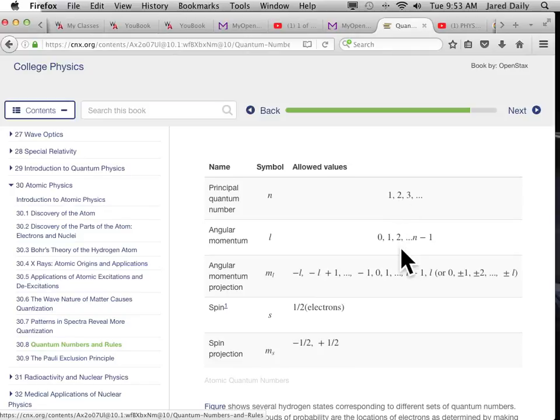So if we jump up to n equals 2, then L can equal 0 or 1. So you have two different angular momentums it can be. If you're at n equals 3, how many different L's can you have? You can have 0, 1, or 2, right? And then it just trickles down. If your L is equal to 2, then your m sub L can equal anything between negative 2 and positive 2, including 0.